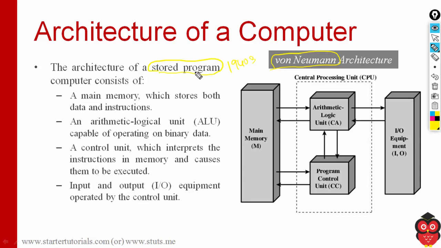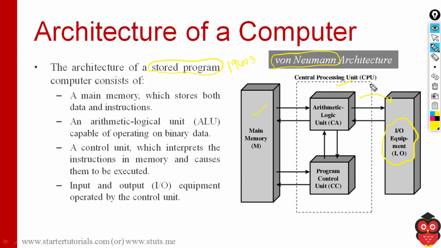According to this concept, in a computer there will be some kind of memory which is used to store data, and another component called the central processing unit, CPU, which will take the data from main memory, do something with the data and give that out as output. Of course, there is a third component, input output devices.